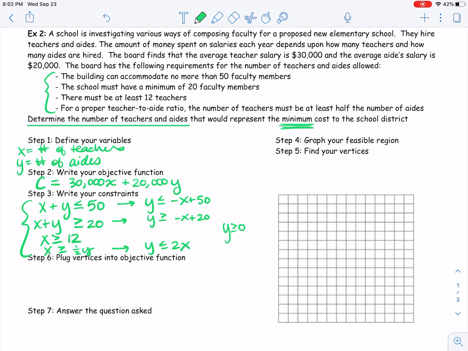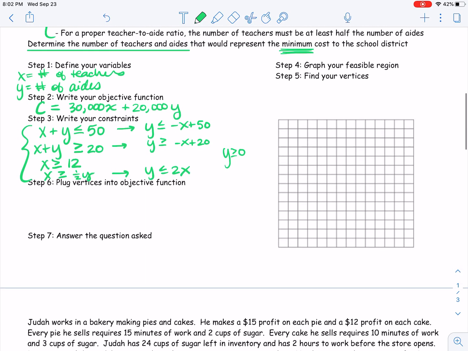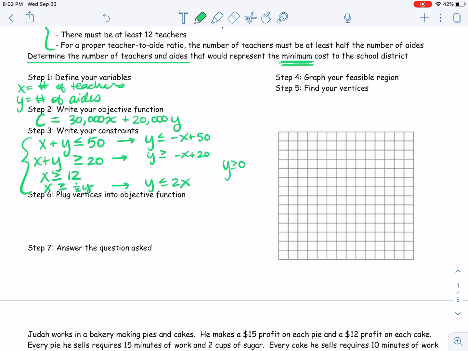So here we go. Next step, graphing this, okay? So I want to make sure that the way that I count, my scale of the graph, is going to fit what I need to see. And so my biggest y-intercept, my biggest number is 50, so I cannot count by ones to do that. You could count by twos, but again, you wouldn't get all the way up to 50. So I'm going to go ahead and count by fives.